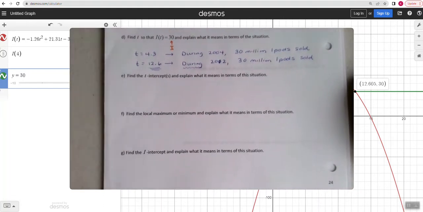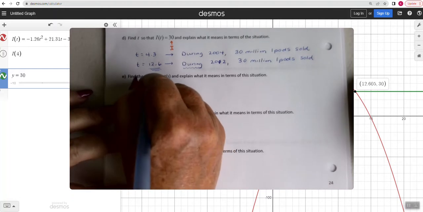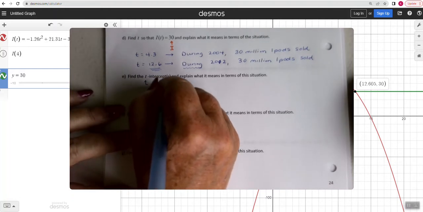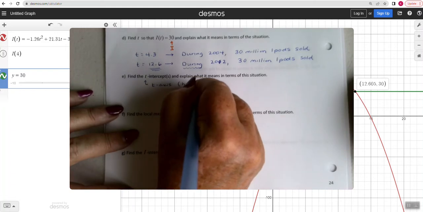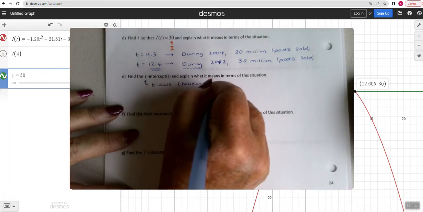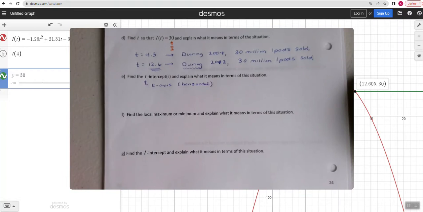Find the t-intercepts and explain what they mean in terms of this situation. Let's see, t is my independent variable. So this is where the graph crosses the t-axis, which is going to be my horizontal axis. My independent variable, always the horizontal axis.